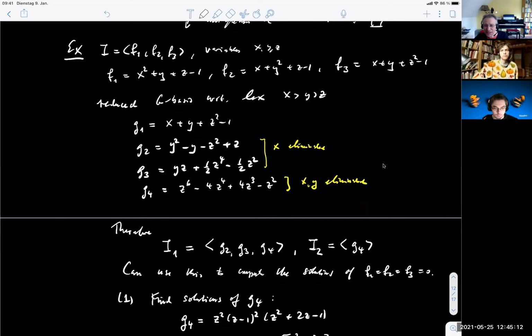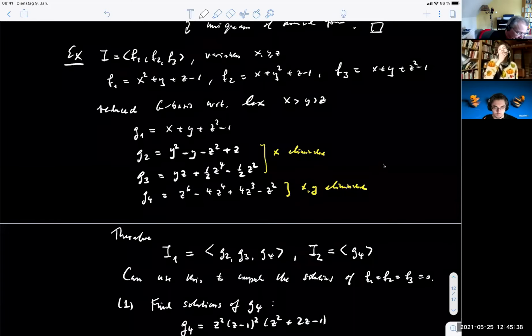Oh, that's more sophisticated. Yeah, which relates the number of toric solutions, where the coordinates are not 0, to a mixed volume, right? But the Bézout theorem is even simpler.